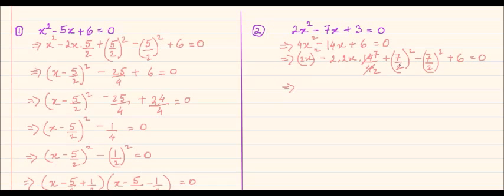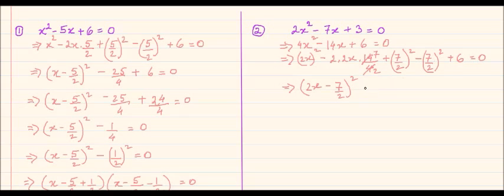These three terms, when taken together, will be giving us an (a − b)² form, where a is equal to 2x and b is 7/2. So it is of the form of the (a − b)² identity.